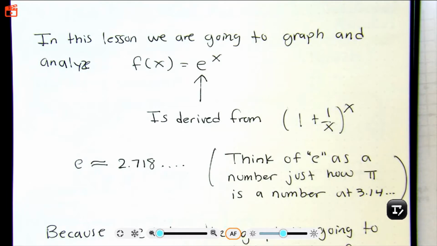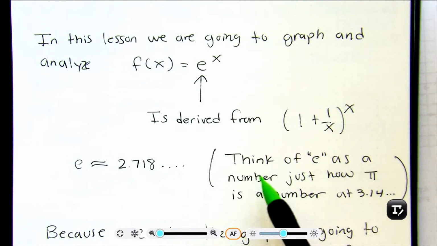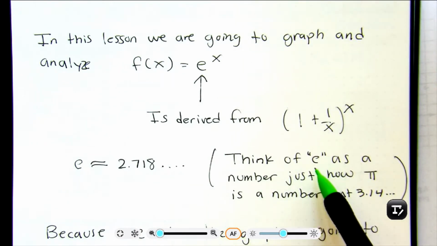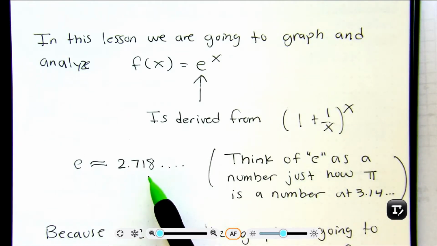In geometry, you heard of pi, which is 3.14, and again, it goes on forever. This is similar in that e is a number. So e is 2.718, and in your calculators there is an e function, so you don't have to worry about typing in the value of e.